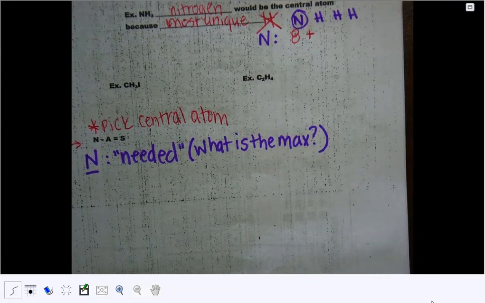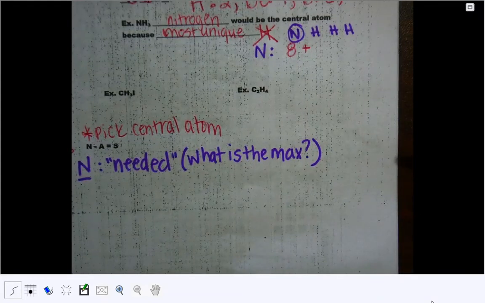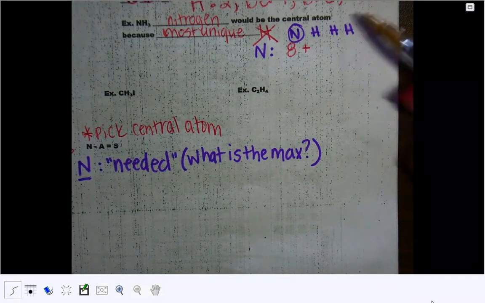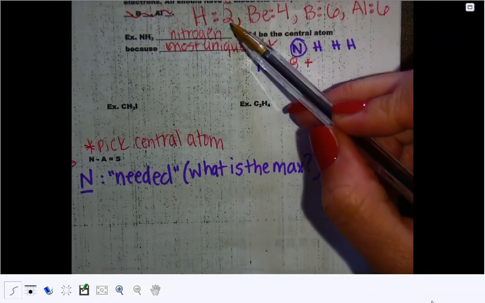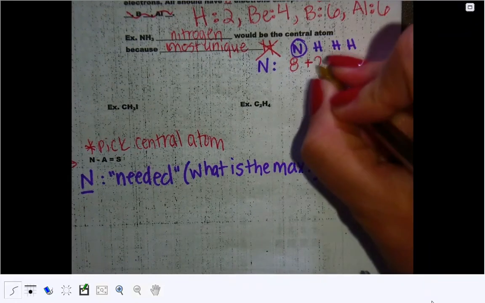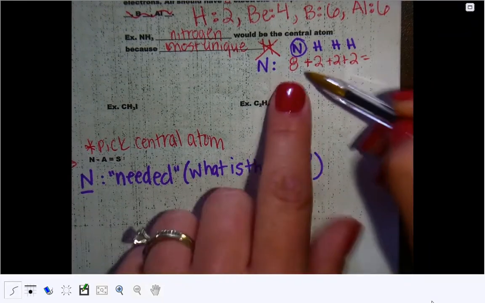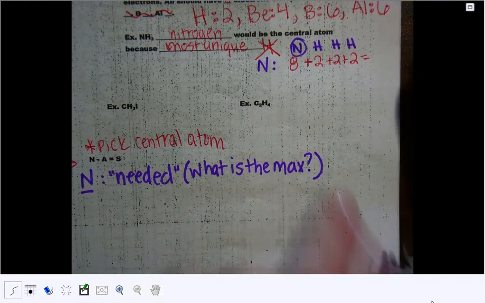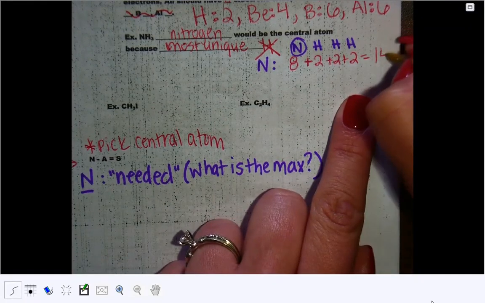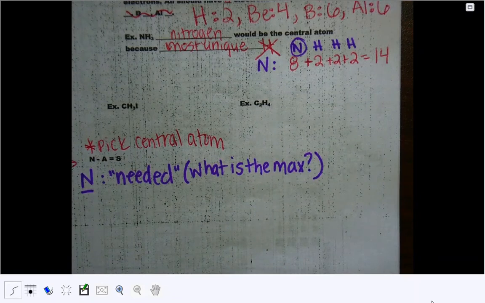Okay, what is it for hydrogen? It's not 8. You wrote it right here. It's 2. Good. So each of these hydrogens is 2. Just go ahead and put 2 plus 2 plus 2. Add those together. 8 plus 2 plus 2 plus 2 is 14. Good. Okay, so we got our needed step done.